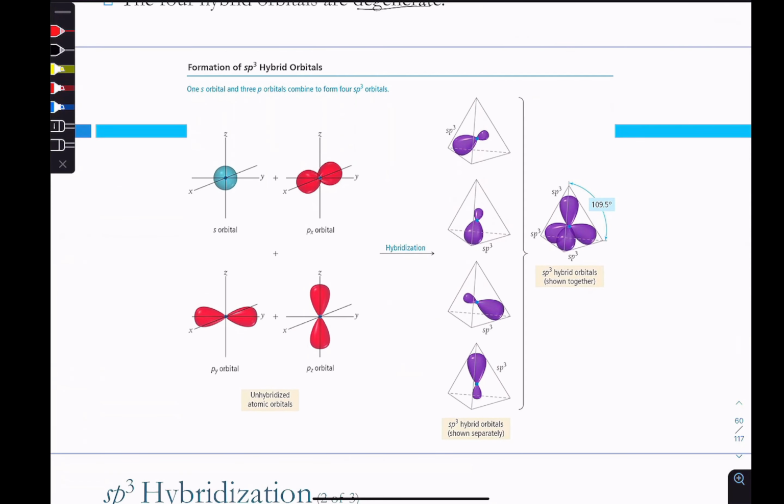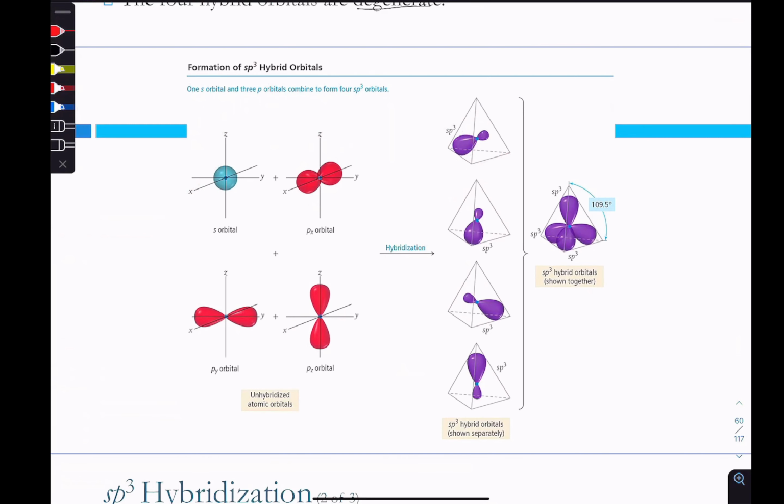So these are the shapes. You can see these are the regular orbitals, unhybridized. Then as JD pointed out, the side that would be facing towards an individual bonded group is going to get larger and the other side gets smaller. So that electron will spend more time on the side of the bonded atom.